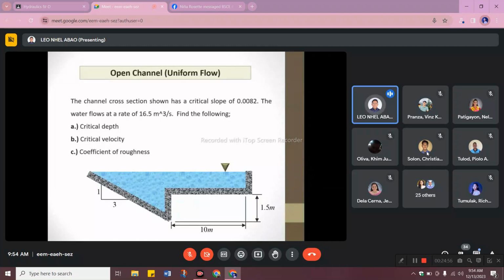Okay? The channel cross-section shown has a critical slope, and water flows at a rate of 16.5. You have to find the critical depth, critical velocity, and the coefficient of roughness. It is the same as before, but we address a composite area, so we add the areas. If interested, you can do this as a practice problem.